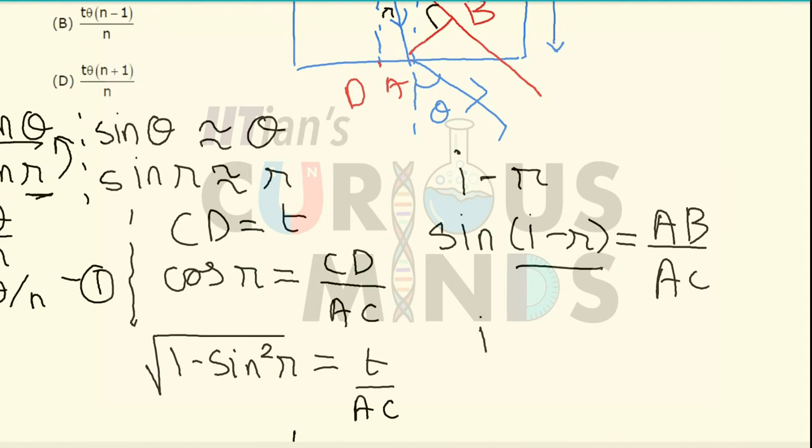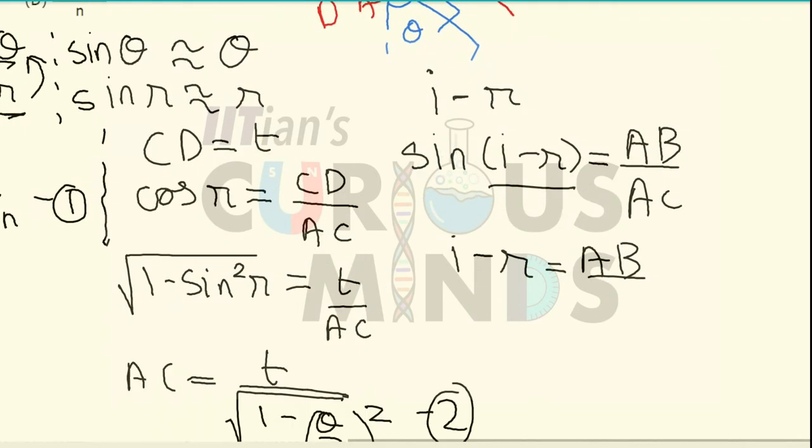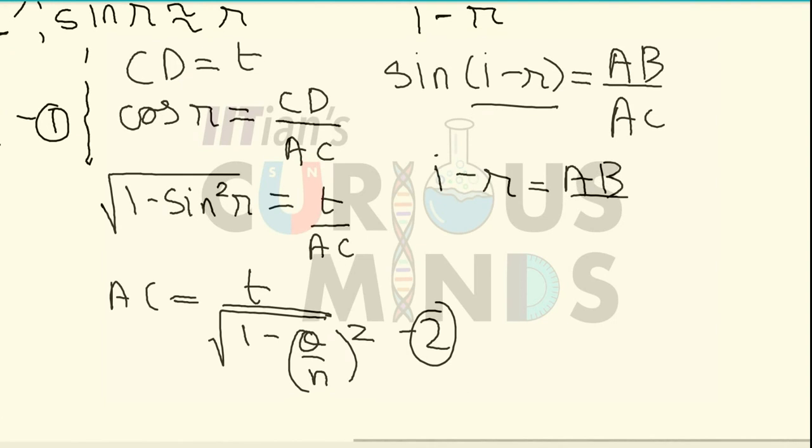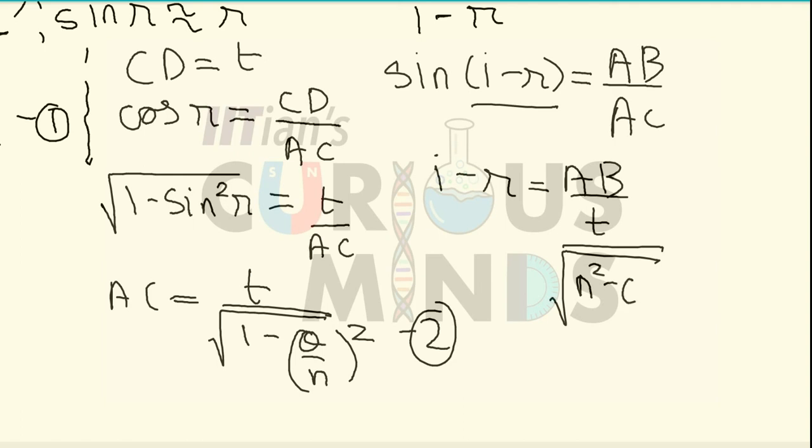Again this can be approximated, so i minus r is equal to AB divided by AC. AB I do not know, this is the value I have to find out. AC I have already found out: it is equal to t times root of n square minus theta square divided by n square. Let this term be as it is. I will cross multiply and get the answer.